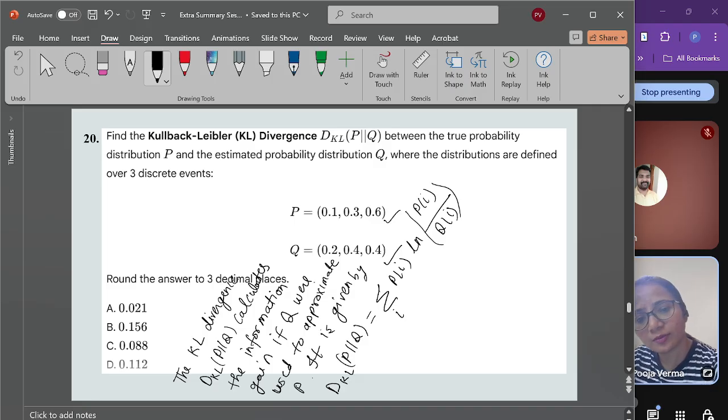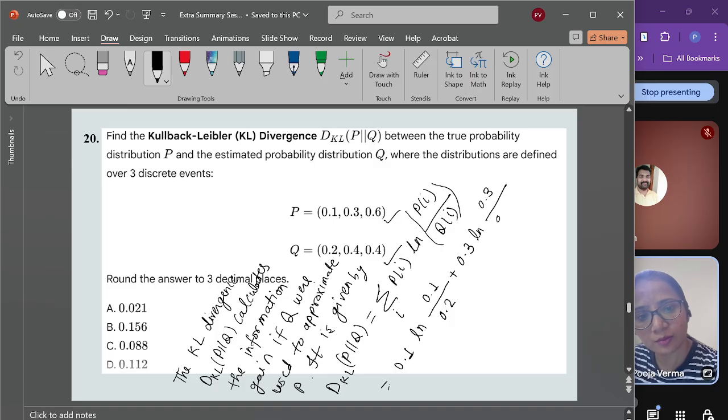So the three discrete points are given. So it is a summation of all. So we can write it like 0.1 natural log of 0.1 divided by 0.2, plus we have to calculate for all the discrete values, so 0.3 ln 0.3 divided by 0.4, plus 0.6 natural log of 0.6 divided by 0.4.